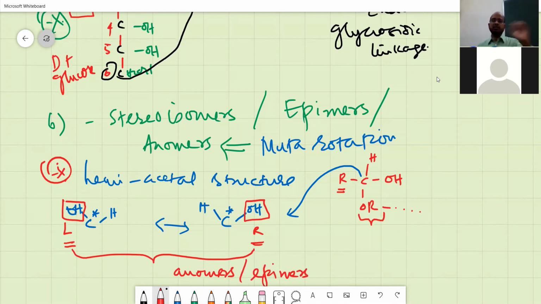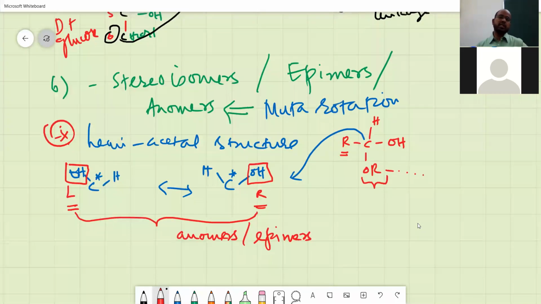Epimers come from a process of epimerization. Epimerization is rotation, and during the process after you rotate, you get these isomers. That's what you call the epimers, and they are also called the anomers. We will look into stereoisomers, any other isomers, the number of isomers by asymmetric carbon atom, the plane polarized light, and all those things in our next unit when we deal with stereochemistry.